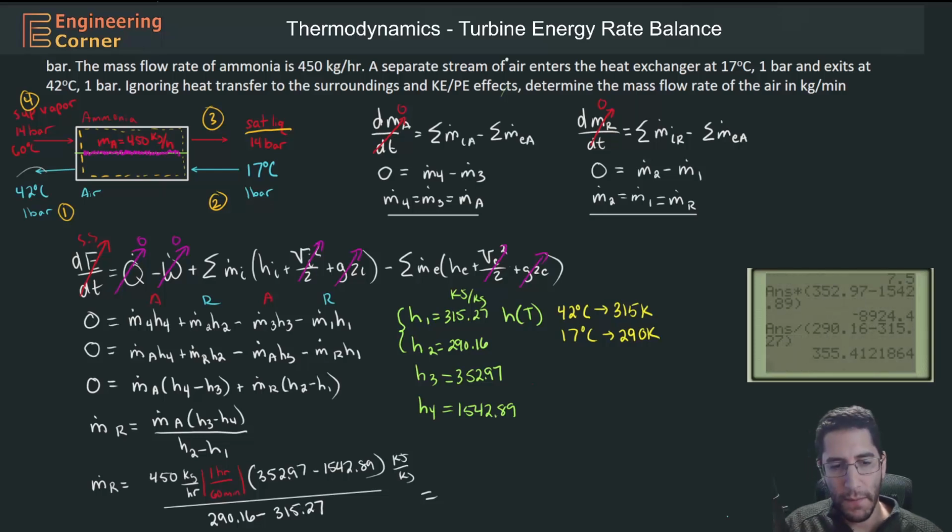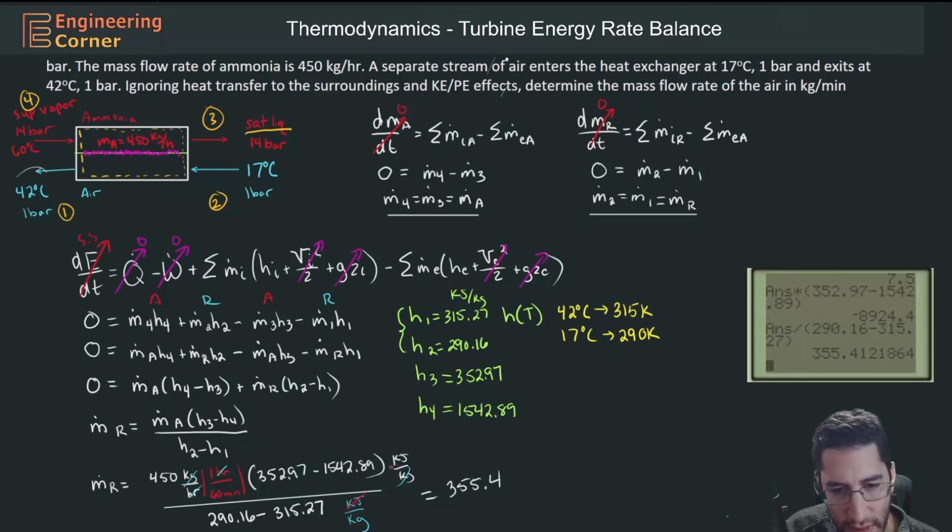We get that our mass flow rate of air is 355.4. Let's do a quick unit check. Hours, kilogram, kilogram, kilojoule per kilogram, kilojoule per kilogram.